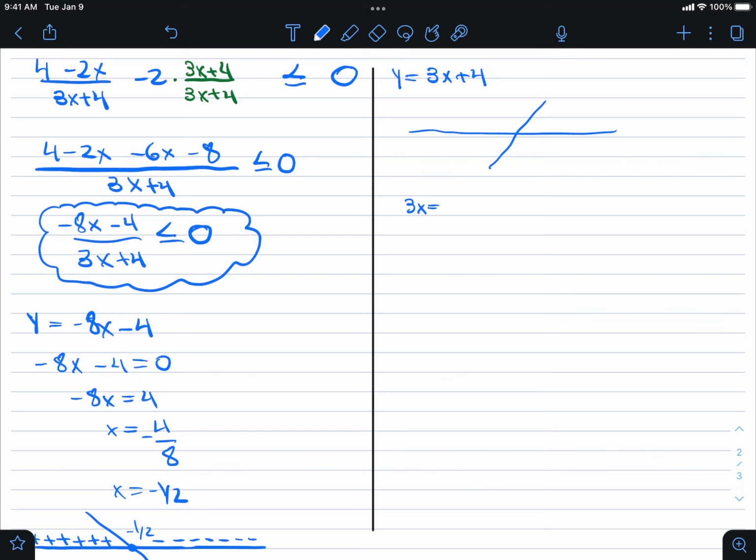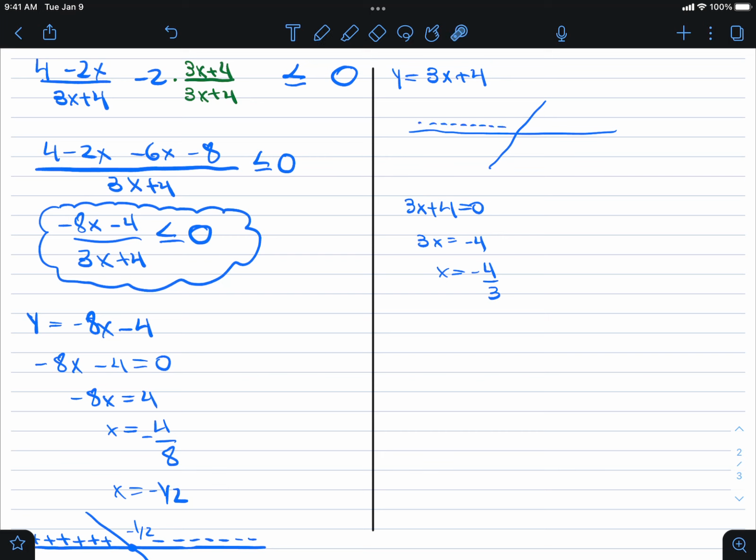And 3x plus 4 equals 0 when 3x is negative 4 and x is minus 4/3. Minus 4/3 is more negative than negative 1/2. Negative 1/2 is negative 0.5, so it's closer to 0 than negative 4/3, which is negative 1.33, right?